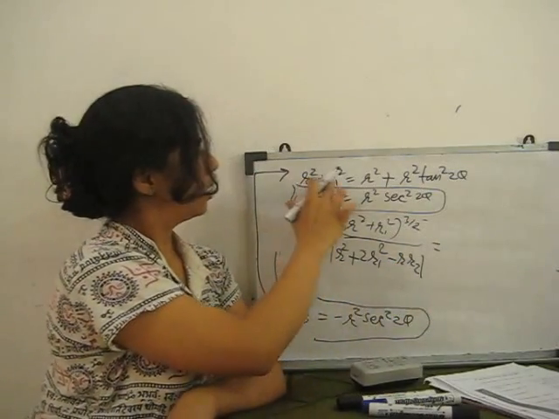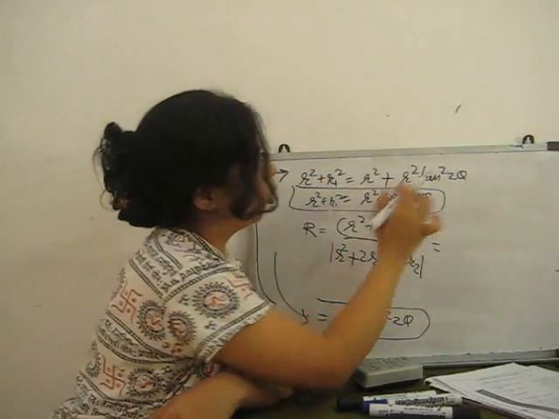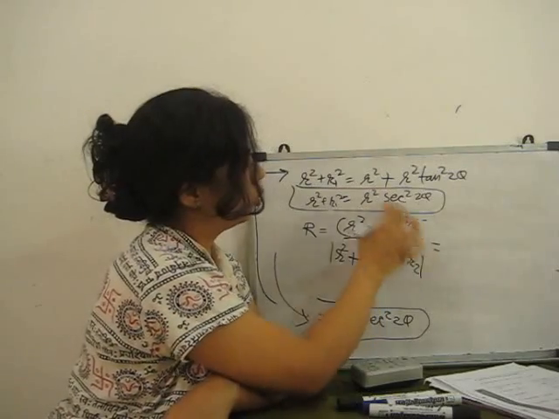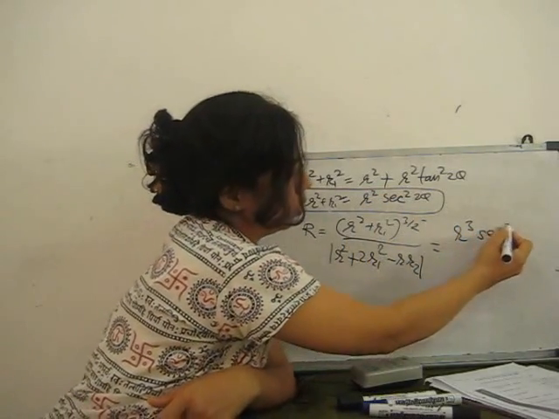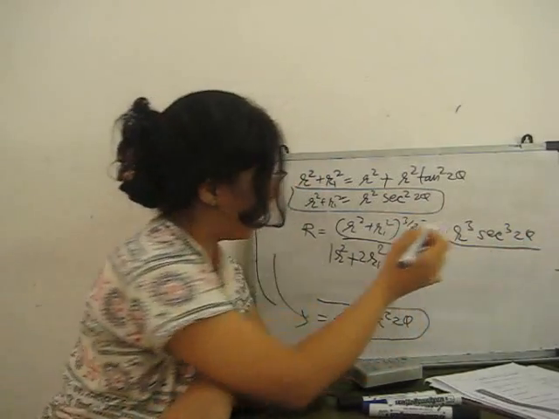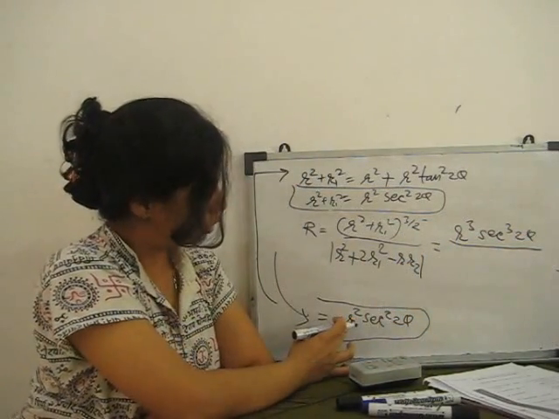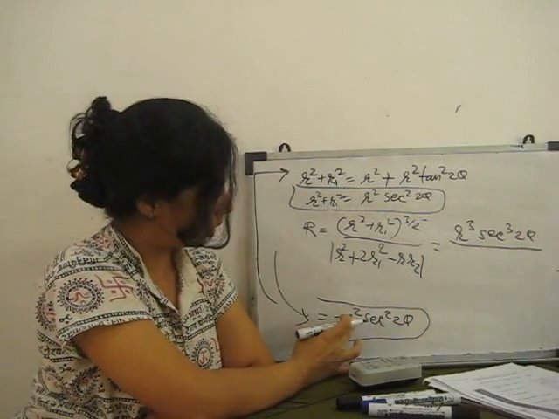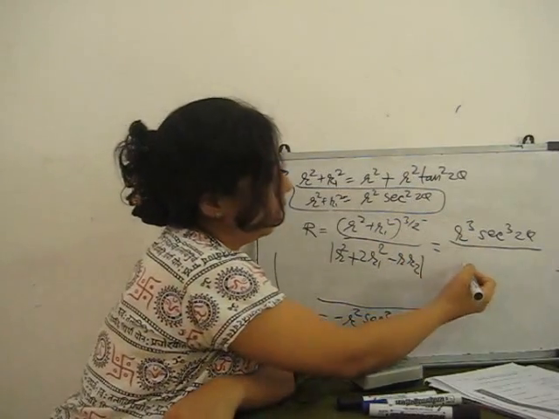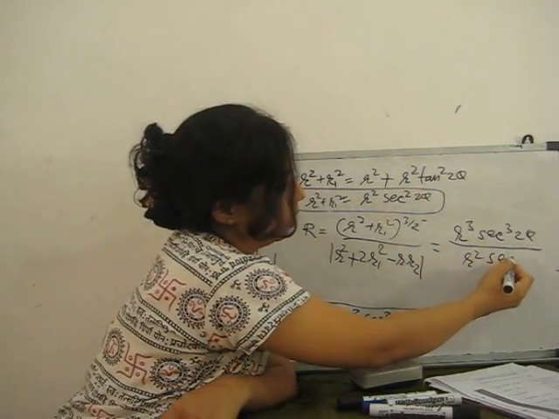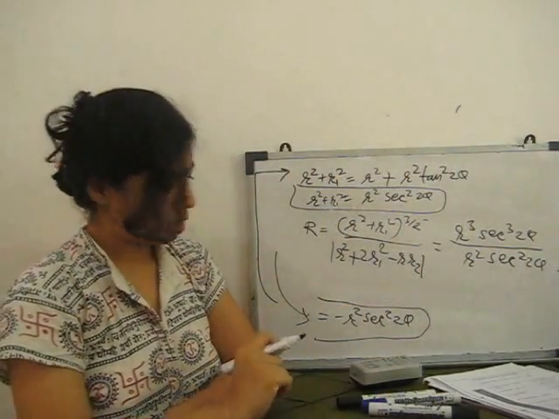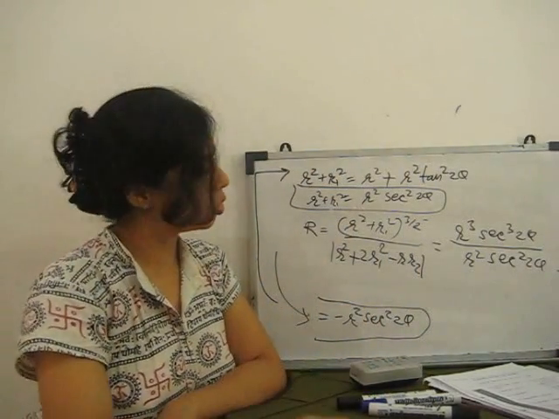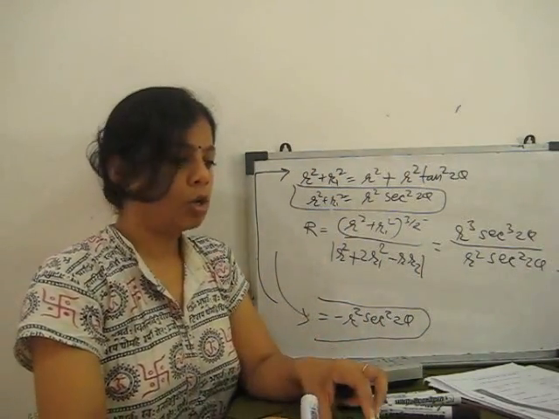So r square plus r1 square is this, whole to the power 3 by 2. The 2 cancels, it will be a cube, so r cube sec cube of 2 theta, divided by this term. We take only the positive value, so r square sec square 2 theta. Clear?